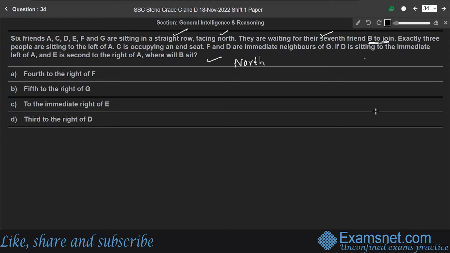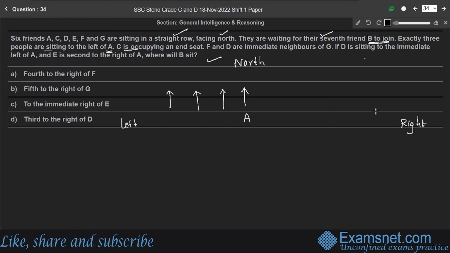Exactly 3 people are sitting to the left of A. Here, 3 people are sitting to the left of A. This is left hand. We'll consider right hand also, since all are facing north.